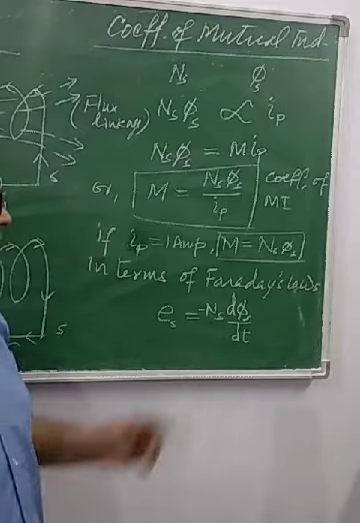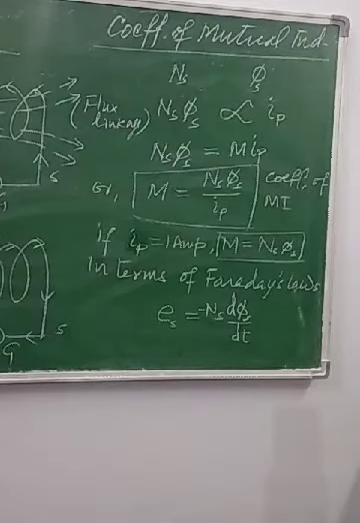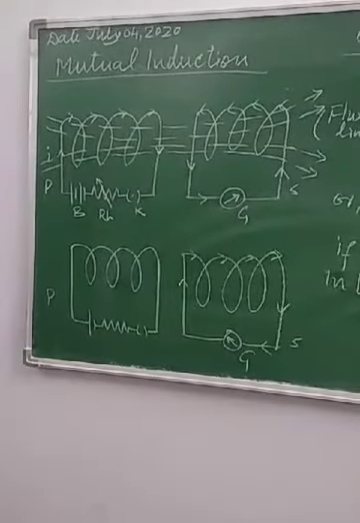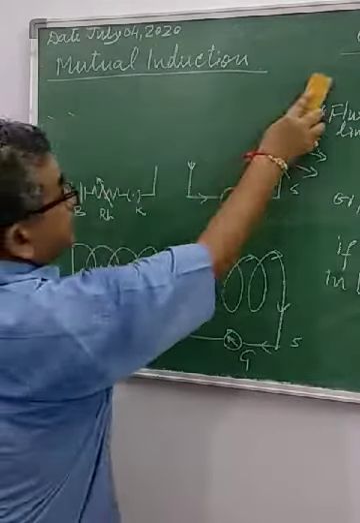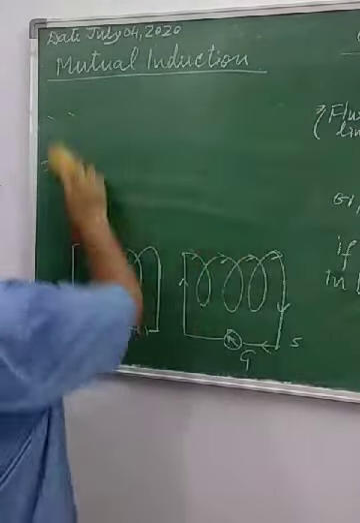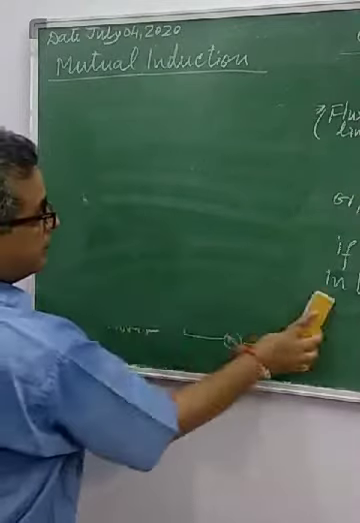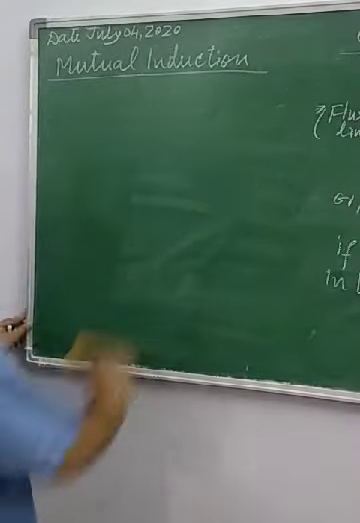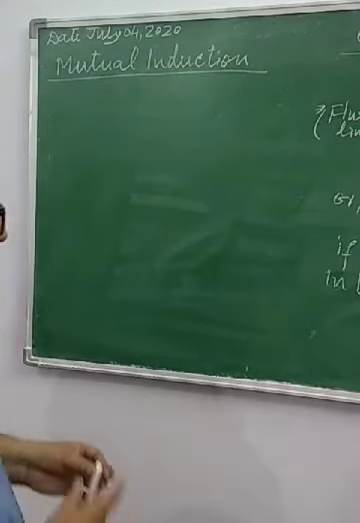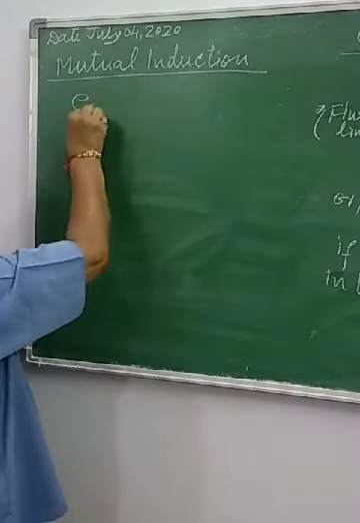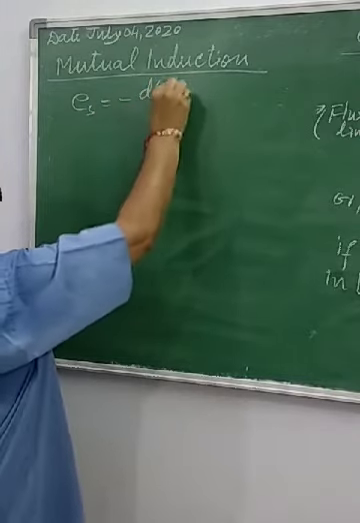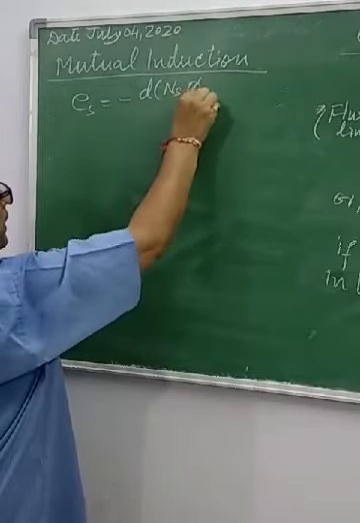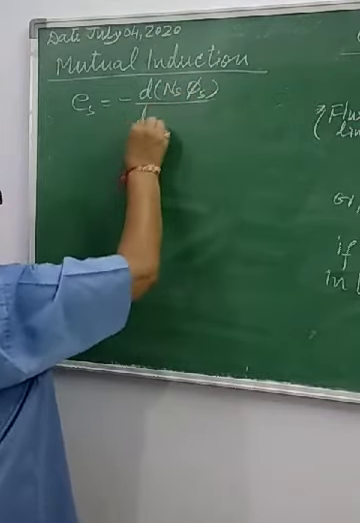We can also write this induced EMF as E_S equals minus d(N_S phi S) upon dt.